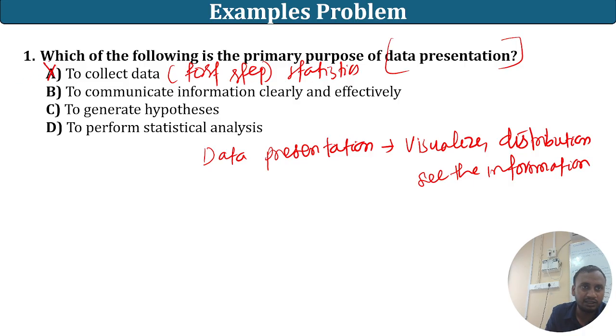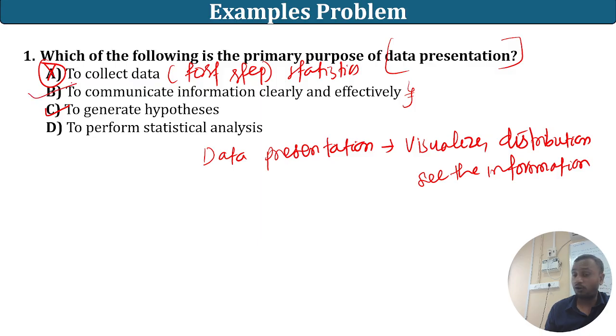So this can't be the objective or purpose of the data presentation. Second one, or the third one, to generate the hypothesis. Second one we have is to communicate the information clearly and effectively. Our purpose in data presentation is to visualize, to see the information, what the distribution is. So effectively we can see.